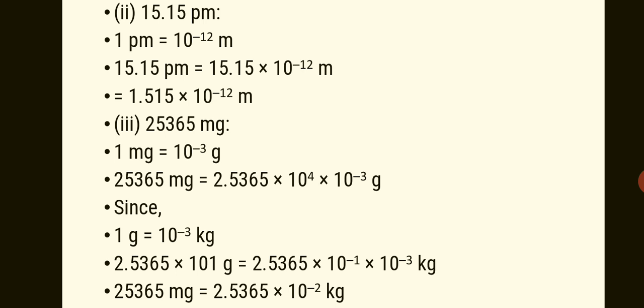So we'll write 1000 in scientific notation. We get 1 kg is equal to 10 raised to power 3 gram. We transpose 10 raised to power 3 from the gram side to the kilogram side, so it becomes minus 3. I am using it directly here.